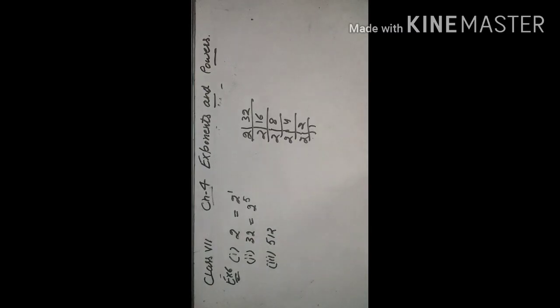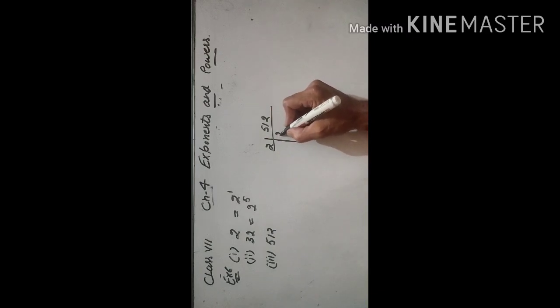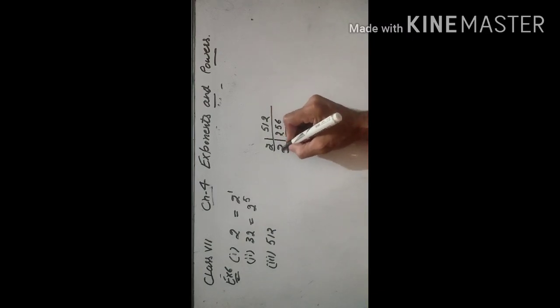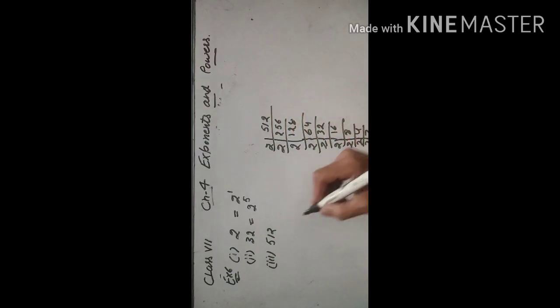Now prime factors of 512 is 1 2 3 4 5 6 7 8 9, that means 2 to the power 9.